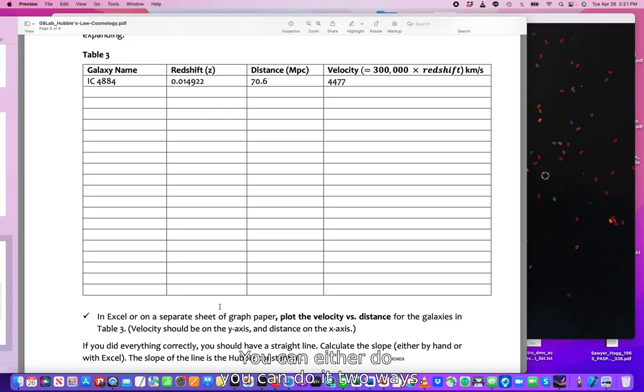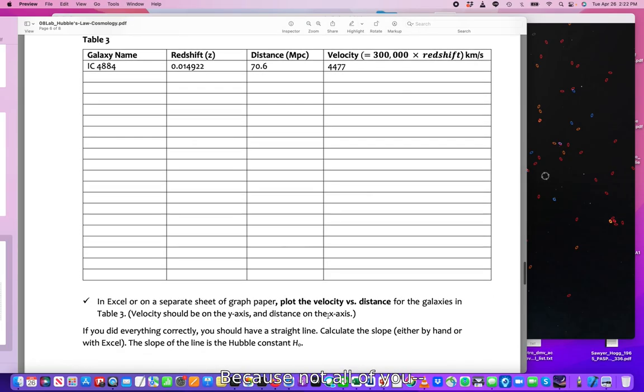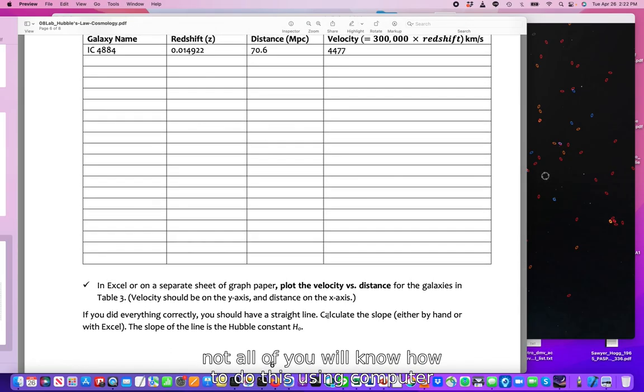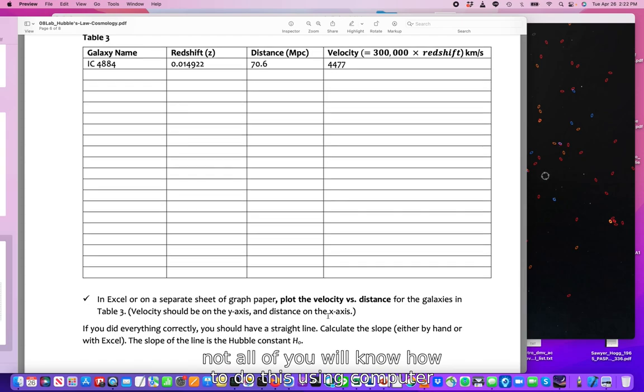You can do it two ways. You can do it using Excel or any graphing application you know how, and generate a plot, or you can do it by hand. Not all of you will know how to do this using computer technology.